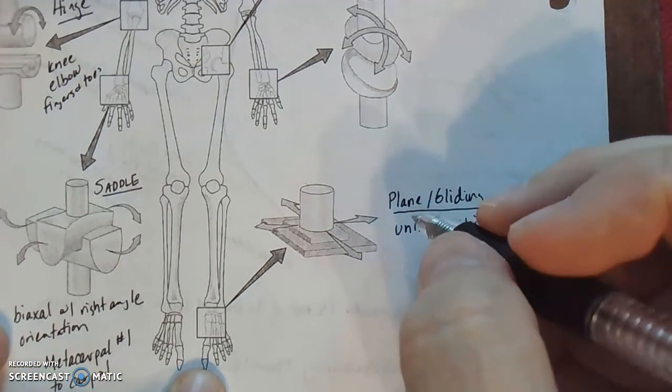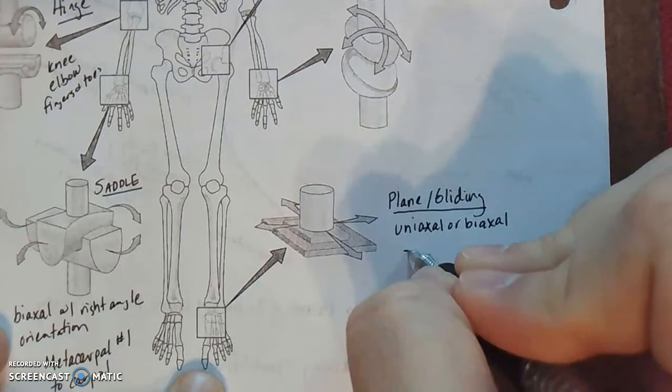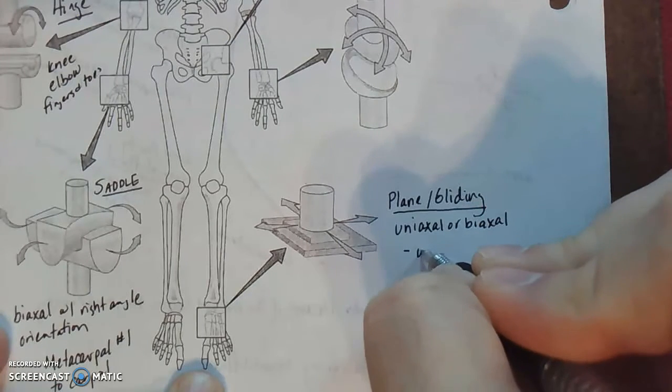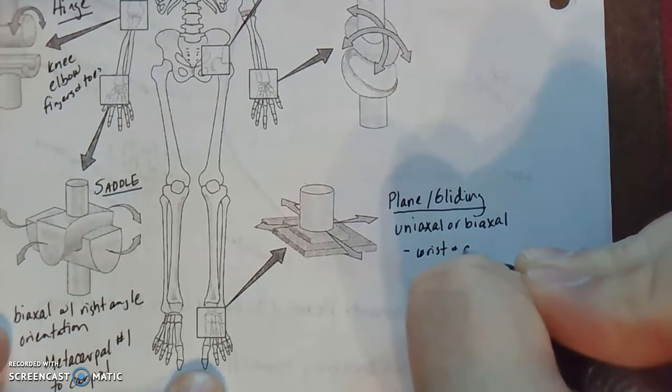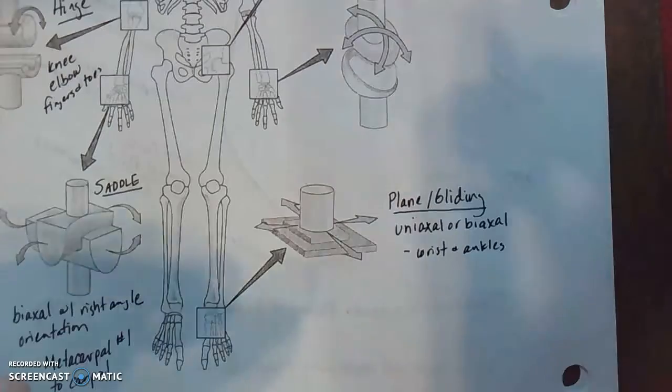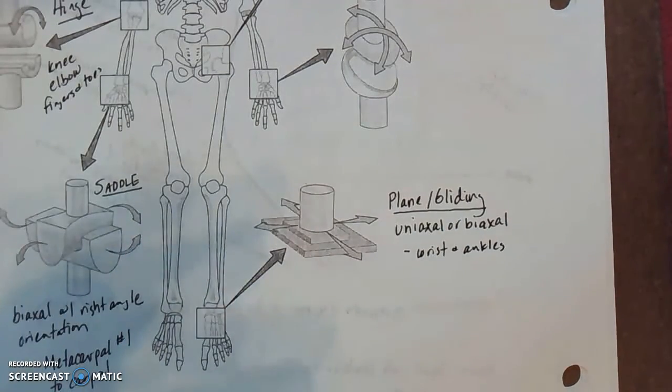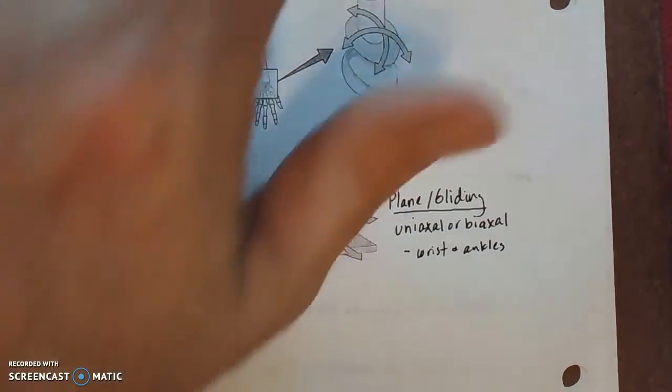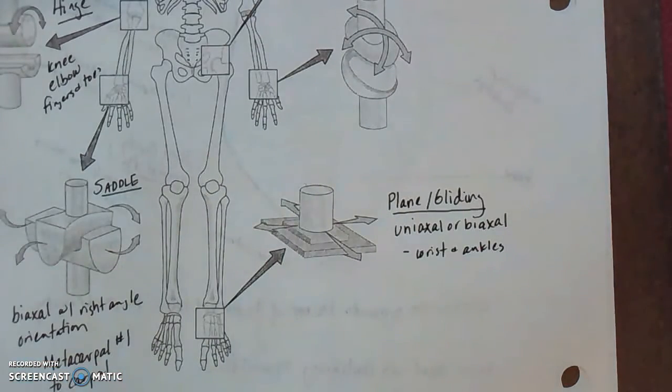But good examples of this are going to be in the wrist and ankles. So those bones, they don't have a lot of movement, but they can move past one another, and it gives us motion that's like a gliding motion in multiple directions.